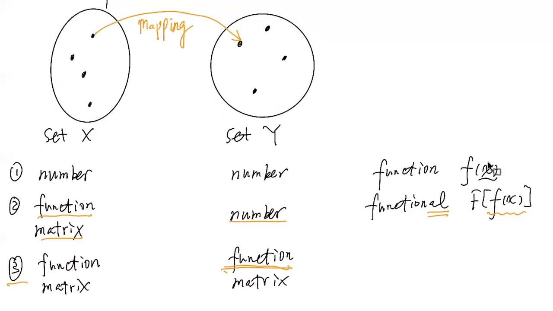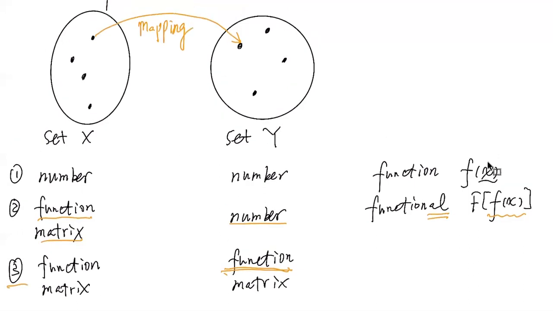And then we call this map, if you map a function to another function, or if you map a matrix to another matrix, or a function to a matrix, etc., an operator. And we denote it as capital F with a hat on it.